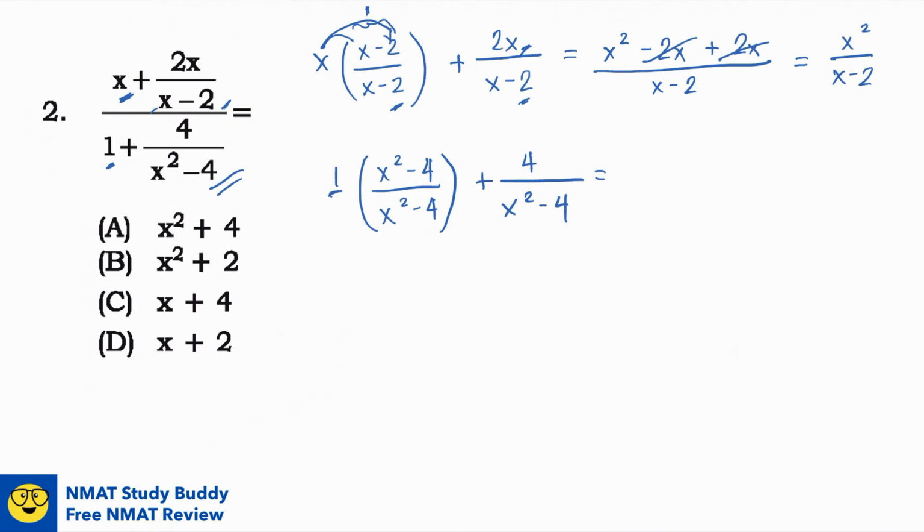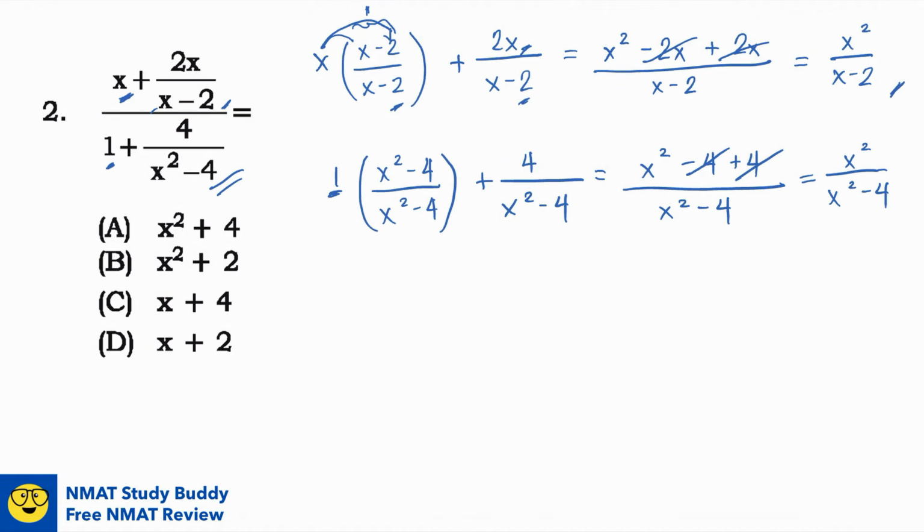Idiretso na natin x squared minus 4 plus 4 all over x squared minus 4. Makakancel yung negative 4 and 4 kasi 0 naman yan. So, matitira na lang sa atin is x squared over x squared minus 4.